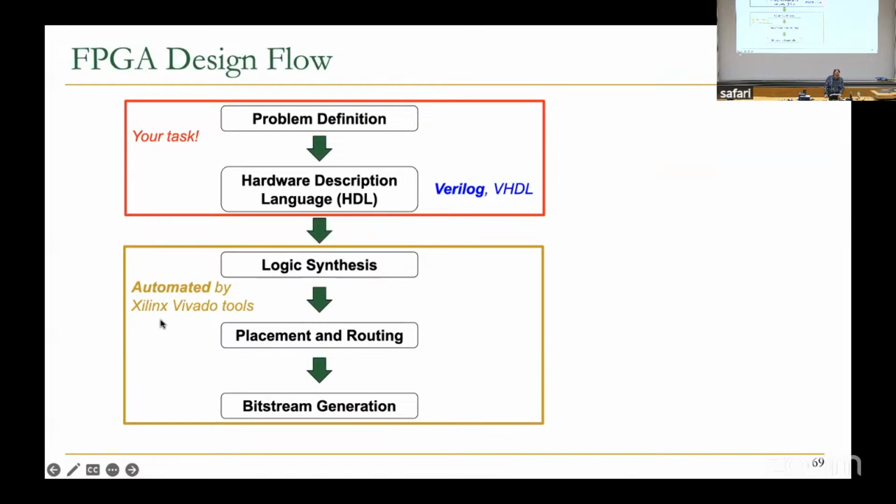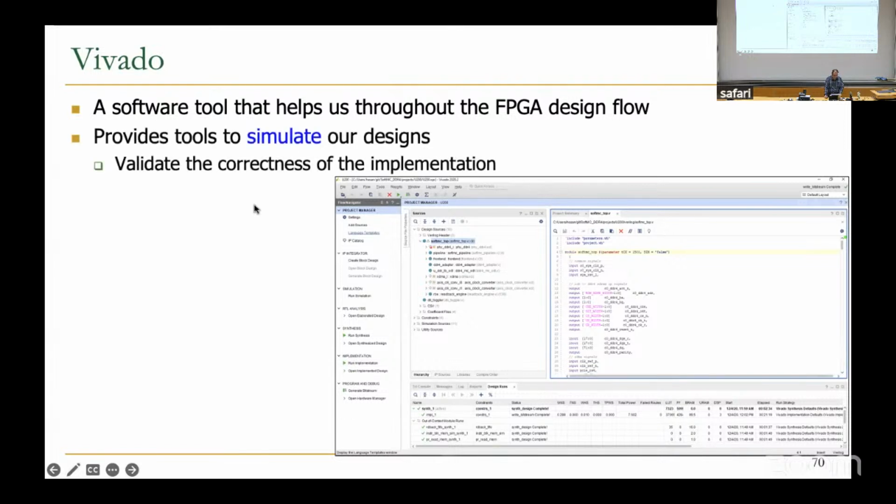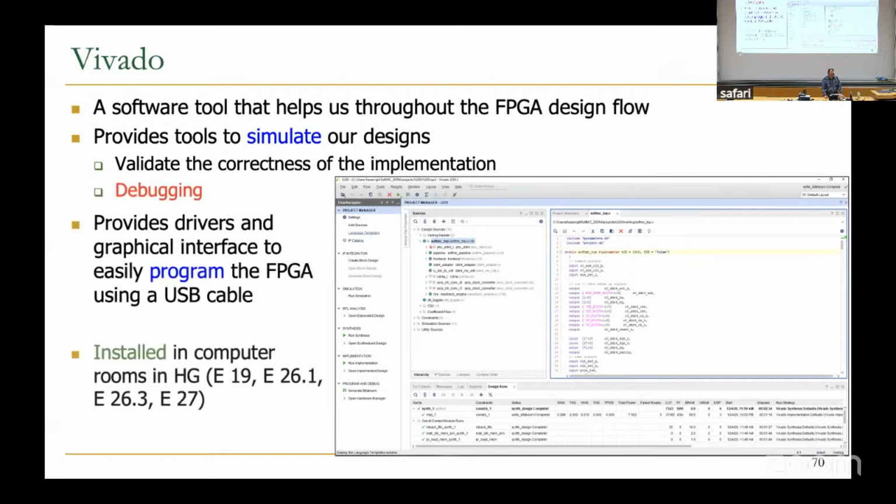In this course, we're going to use the Xilinx Vivado tools. Vivado is a software tool that helps us throughout the FPGA design flow. It provides tools to simulate our design, validate the correctness of the implementation, debug, and many other things. Vivado also provides drivers and a graphical interface to easily program the FPGA using a USB cable.